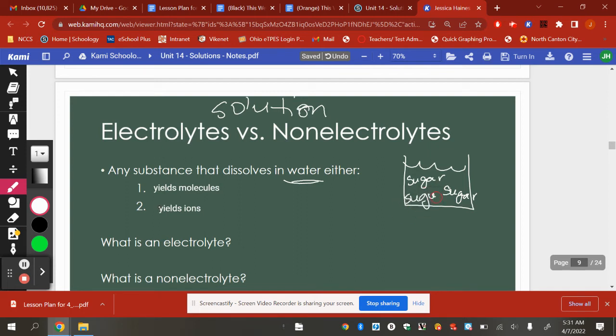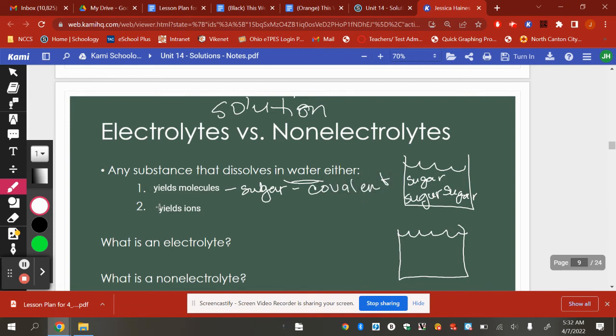It's never going to break apart into anything smaller than that. So we just have tiny little individual molecules that it dissolves into when we put it in water. So this would be covalent compounds like sugar.